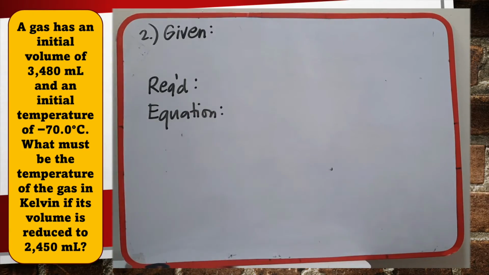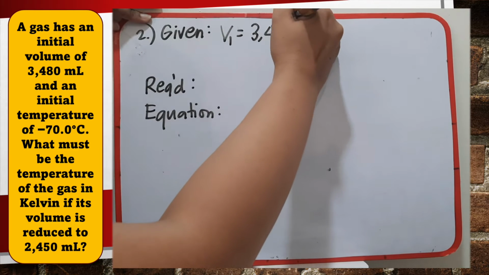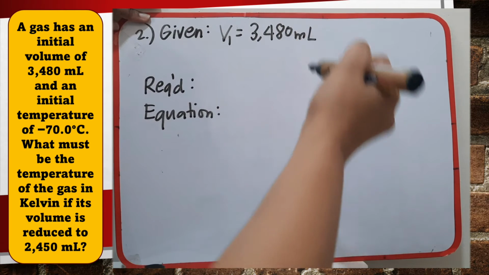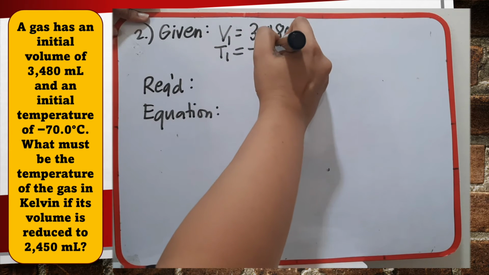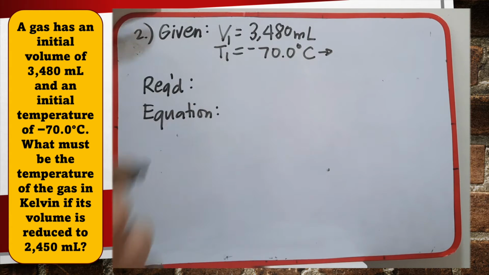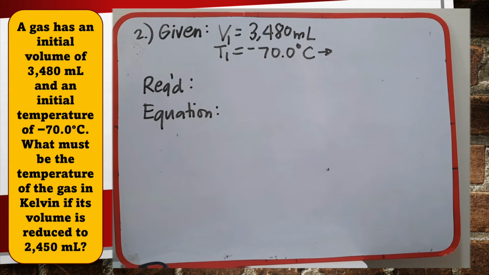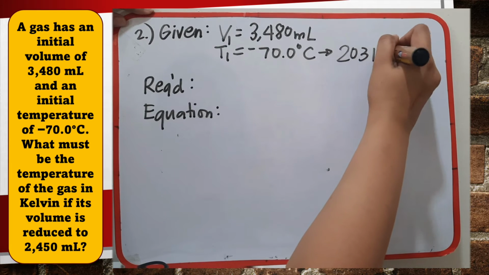For our given, we have the initial volume of 3,480 milliliters, and our initial temperature is negative 70.0 degrees Celsius. Of course, we have to convert it to Kelvin. So, negative 70 plus 273 will be 203 Kelvin.